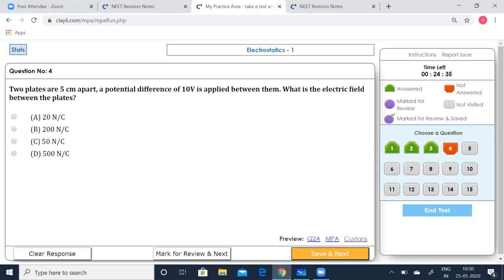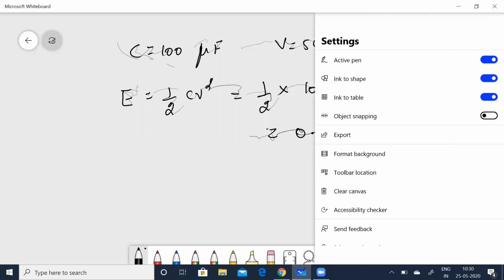In capacitance, the two plates are 5 centimeters apart. A potential of 10 volts is applied between them. What is the electric field between the plates? All right. So V is given as 10 volts and D is 5 centimeters.